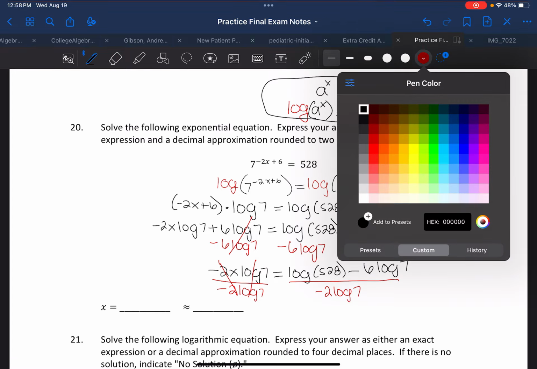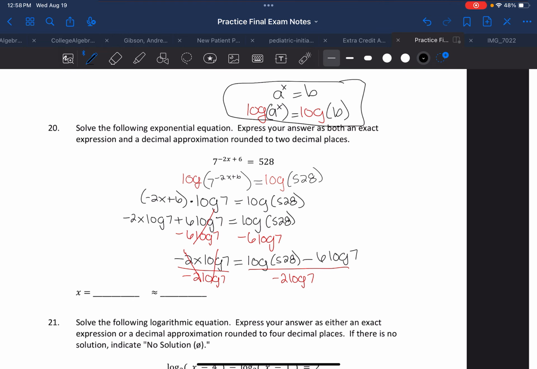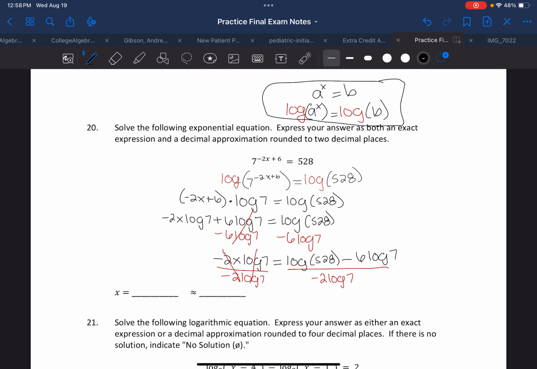And that will leave me with just x, which is what I want. So this would be x is equal to log of 528 minus 6 log 7 divided by negative 2 log 7. So this is the answer for the first part here.